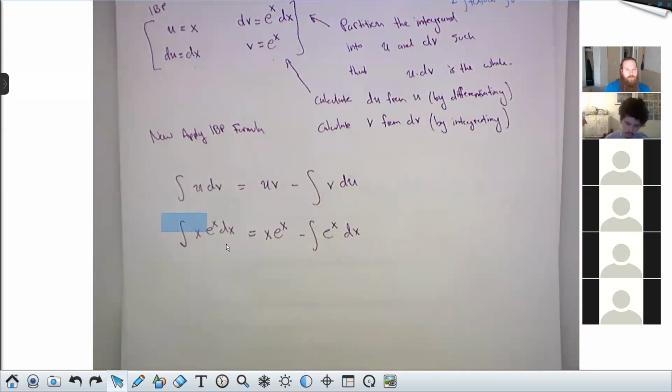Notice that the thing on the left is the thing I want, and that the thing on the right contains a piece here to which I need do nothing, and an integral here, which is easier than the integral I started with. That's the magic of IBP.